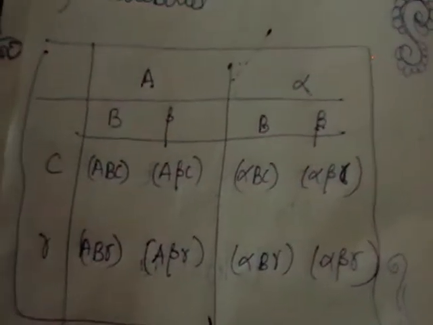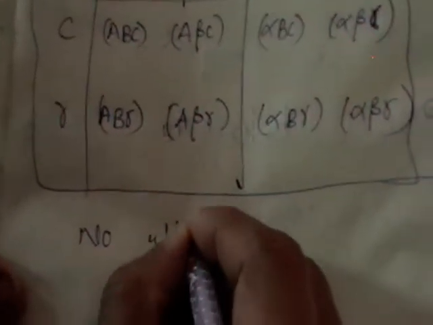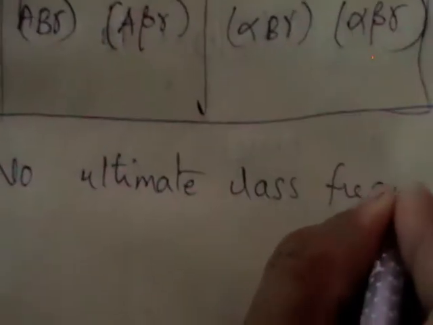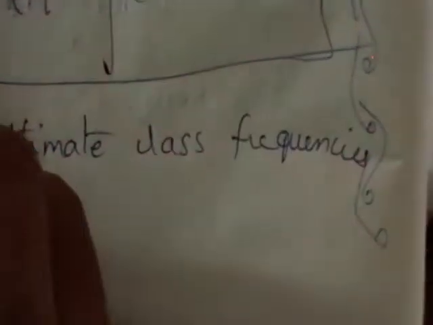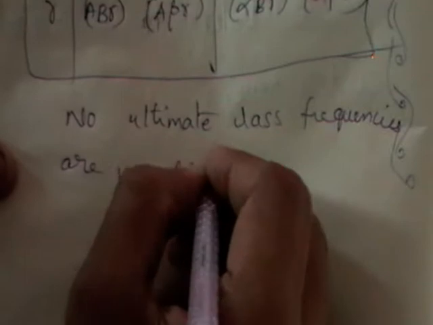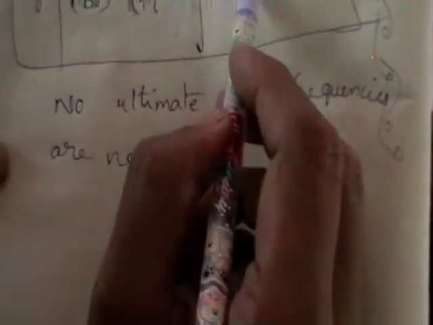The basic condition for consistency is no ultimate class frequencies are negative, which implies that how many we have: 1, 2, 3, 4, 5, 6, 7, 8.